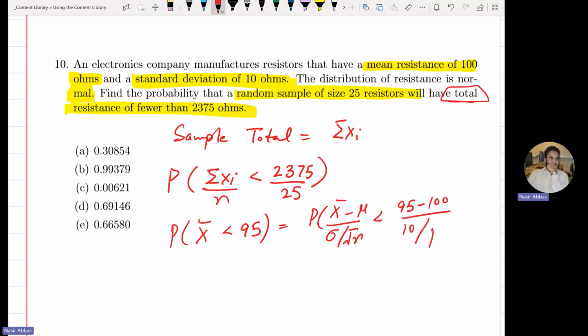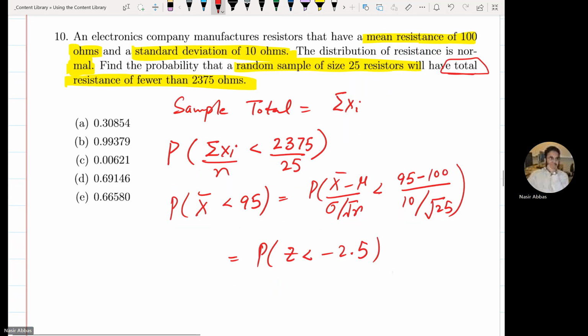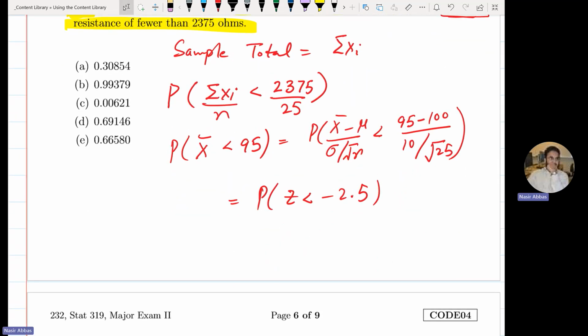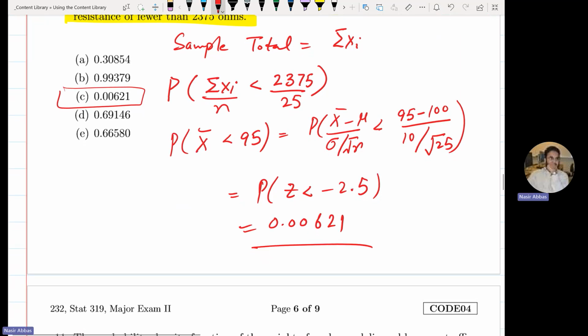What is sample size? 25. So this will give you probability of z less than minus 2.5. Go to the z table. Look for the area below minus 2.5. This should be 0.00621. That corresponds to option C. Interesting question.